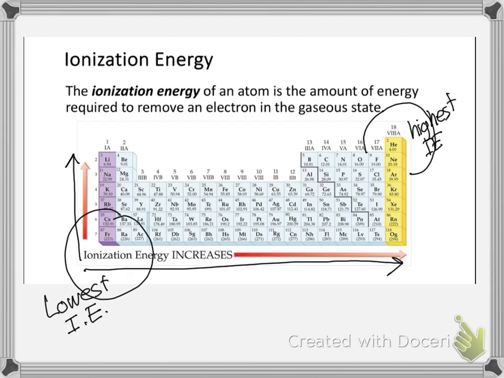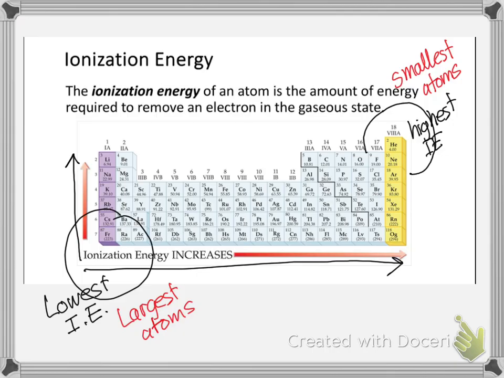Now, when I'm talking about ionization energy and its trend, I like to relate it to the size of an atom because in my mind, it makes some sense. So in the upper corner here, these are small atoms. Right? These nonmetals are the smallest, and down here are the largest. So I want you to think about it, because small atoms mean the outside electrons are closer to the nucleus.